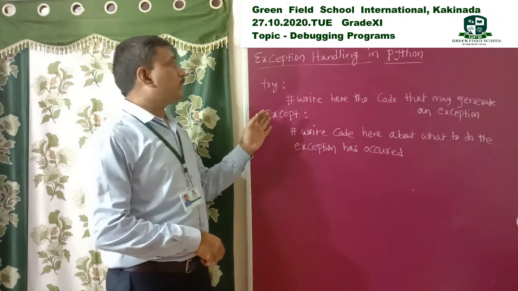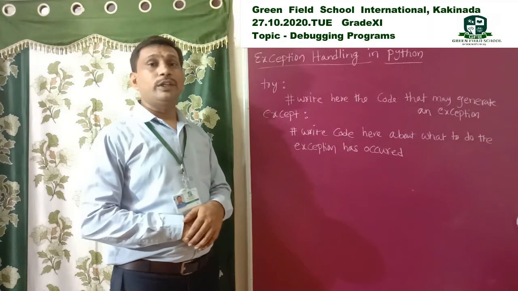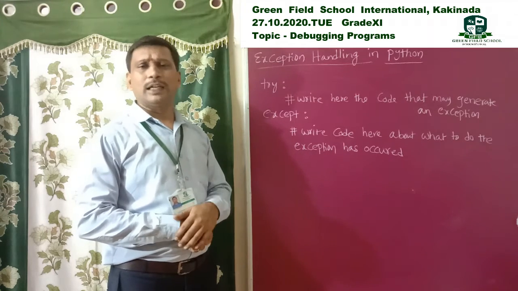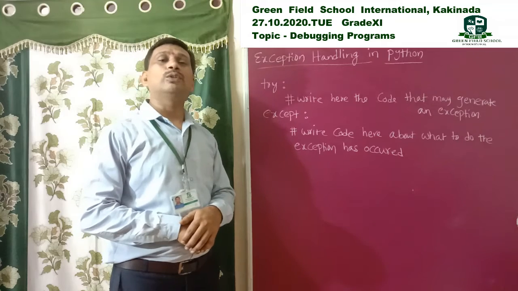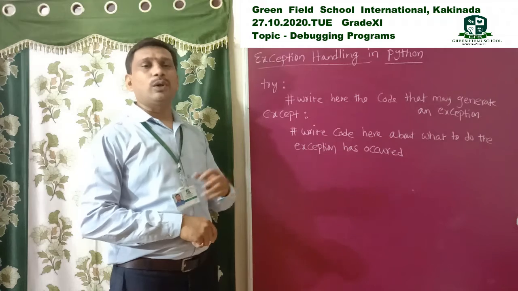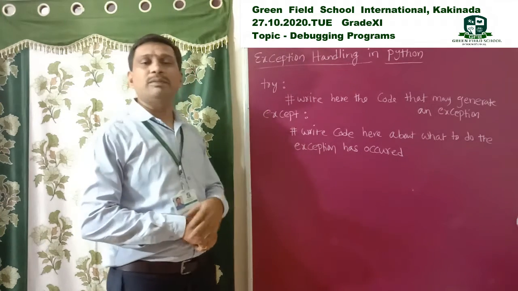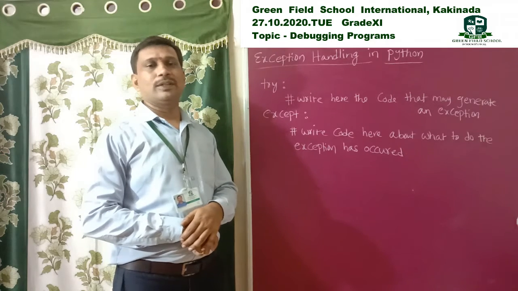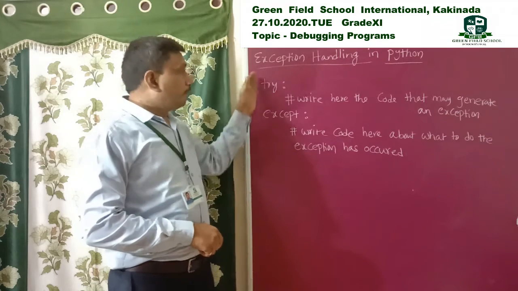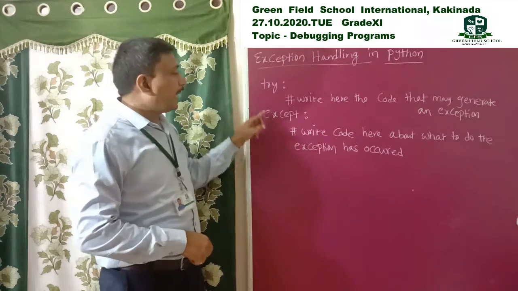To handle exceptions we use the exception handling mechanism in any programming language, especially in object oriented programming languages. In Python we control exceptions by using try and except clauses. This is one routine. Routine means one method, like a functionality. It provides some functionality. So, try and except.